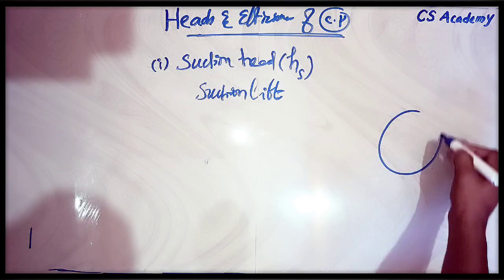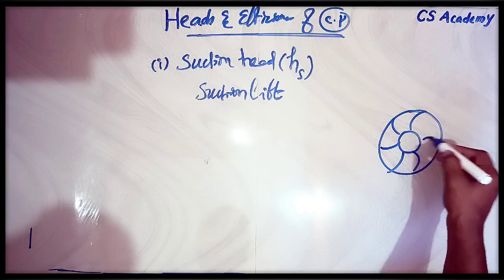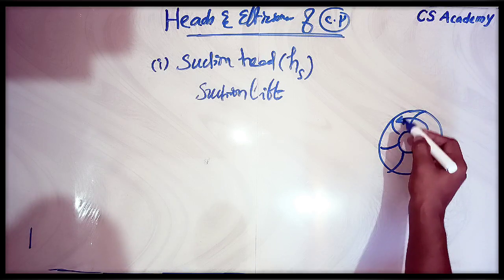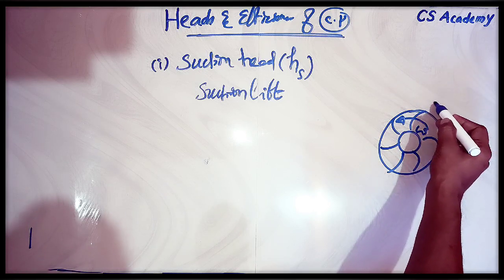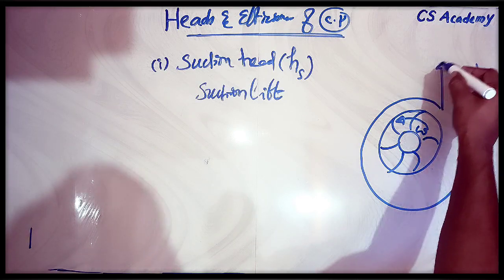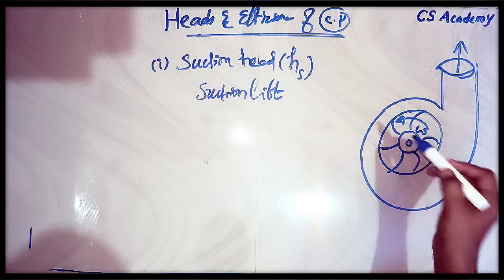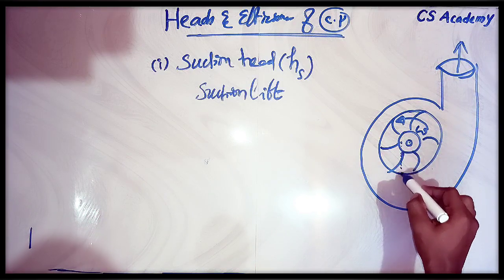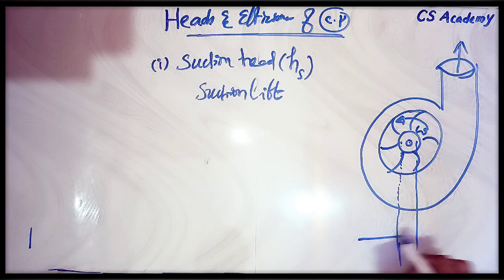Let us consider this is the impeller, which has backward curved vanes. The rotation of this impeller is in the anti-clockwise direction with omega. If you see the cross section of this casing, it is increasing like this. This is the outlet, and here there is the eye of the impeller. At this eye of the impeller, we have one pipe, that is the suction pipe.